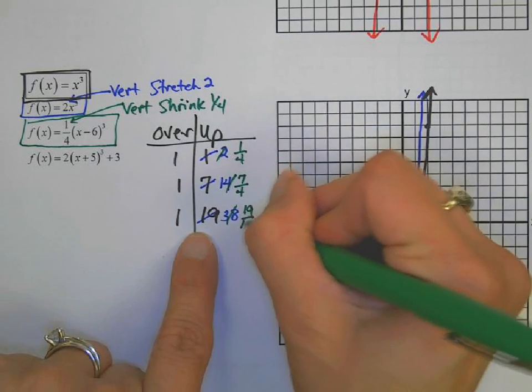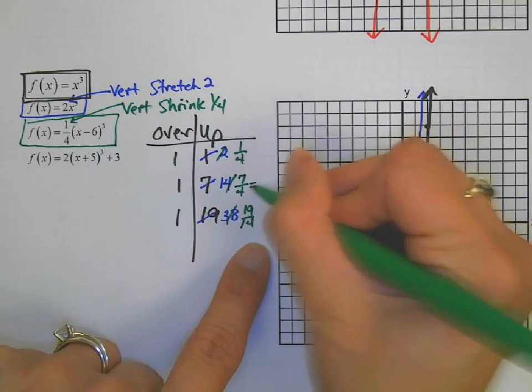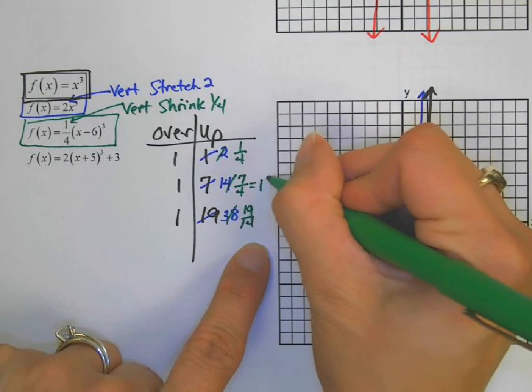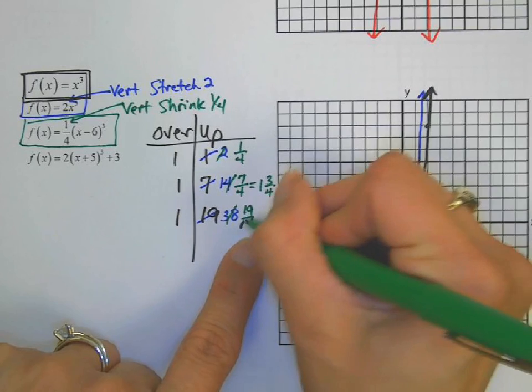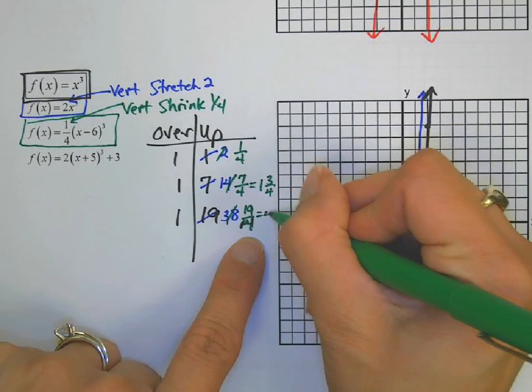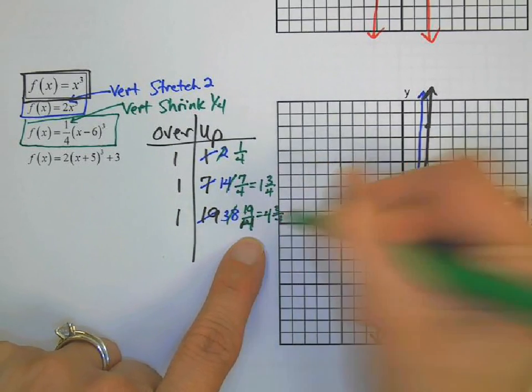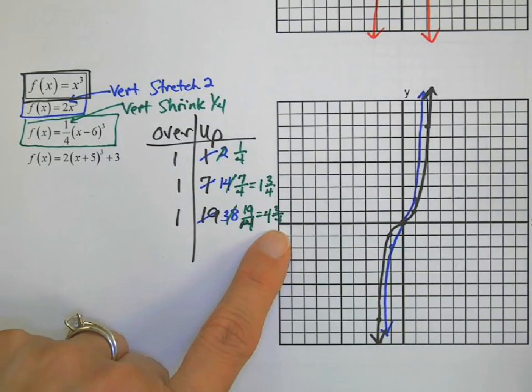And 19/4. Let's see, 7/4 is 1 3/4. And 19/4 would be 4 3/4. That would be good to know so we can do our fractions a little easier.